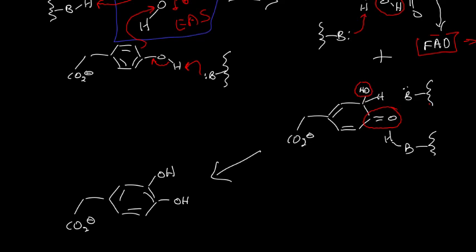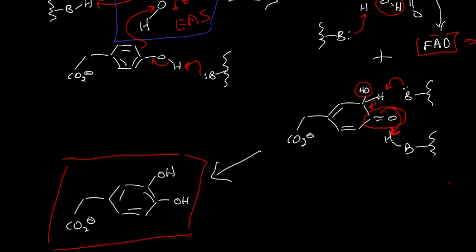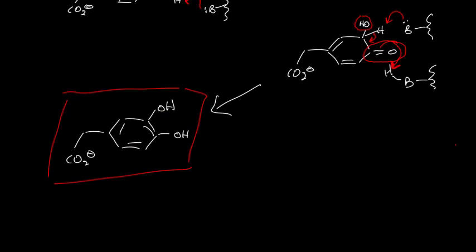The next step of the reaction is the typical elimination step that we see in electrophilic aromatic substitutions. This proton is removed by an enzyme-bound base. Those electrons fall in and flip back out to here and grab that hydrogen there to give us our dihydroxylated compound. This was just an example substrate that I chose to look at.